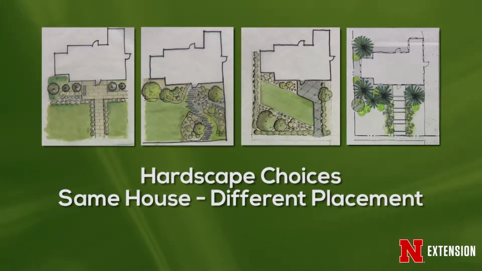So this is actually exactly the same layout of property. The doors are in the same place, the driveway is in the same place, and if you look at what has happened here, we have 4 different iterations of how to do something as simple as get to the front door, and in a couple of instances, not only get to the front door on a sidewalk of some sort, but to get from the driveway.